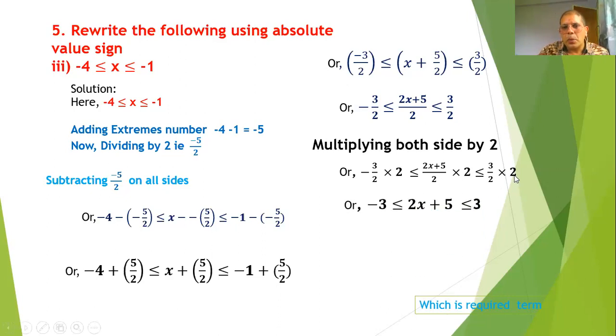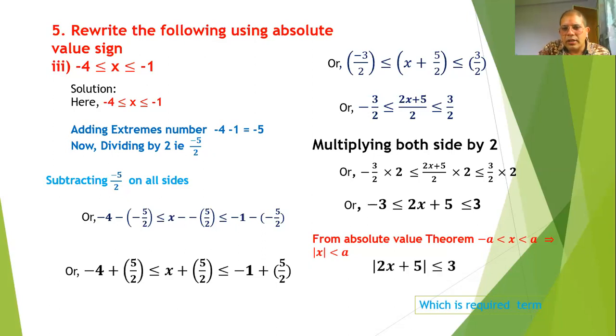Then you got minus 3 is less than 2x plus 5 is less than or equal to 3. You got exactly the same number on the left hand side and right hand side of 2x plus 5. So you can write this in absolute value sign. From the absolute value sign, minus a is less than x is less than a, it implies that absolute x is less than a. Now you got absolute 2x plus 5 is less than or equal to 3.